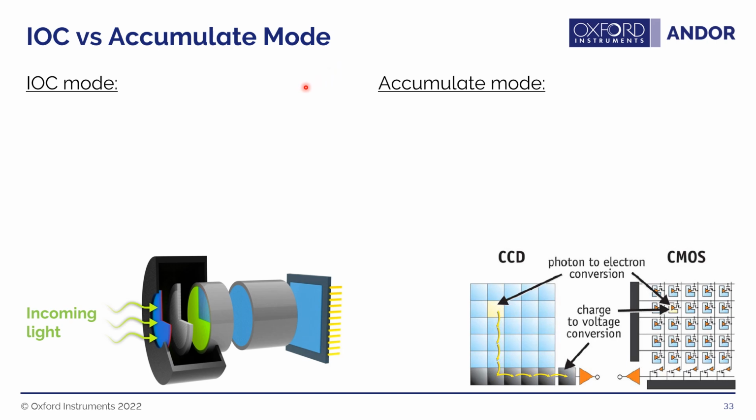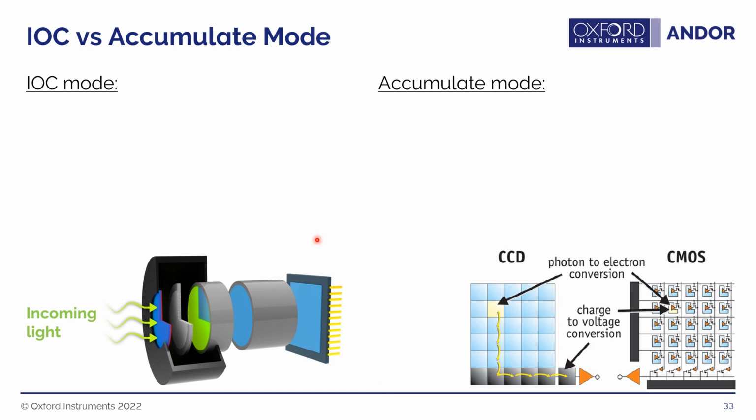IOC mode is a feature very specific to intensified cameras. It is a way of pulsing the intensifier unit multiple times while accumulating the final electrons in the wells of the CCD or sCMOS before reading out one image.